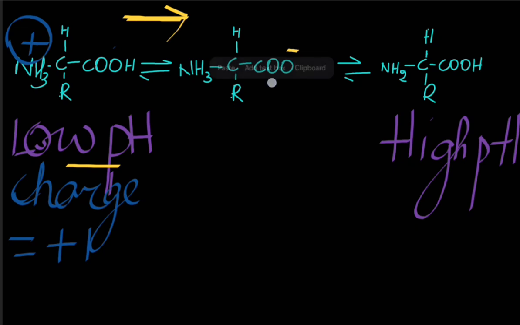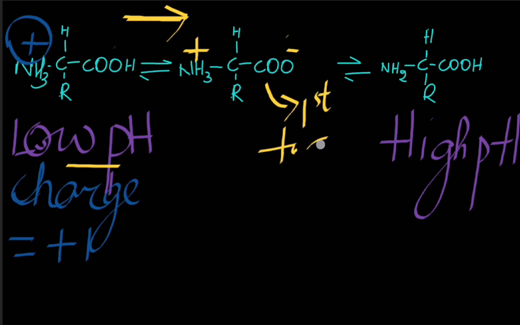Therefore, the COOH is the first one to donate its hydrogen so that the hydrogen ion can be maintained in the solution, right? But then NH3 is not donating any hydrogen. So the NH3 will be positive because it has not donated its hydrogen.